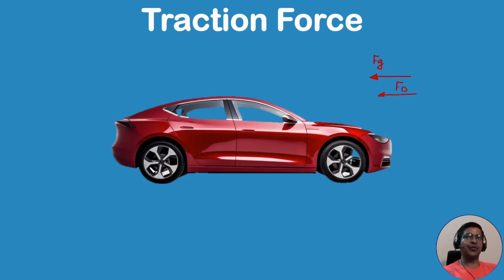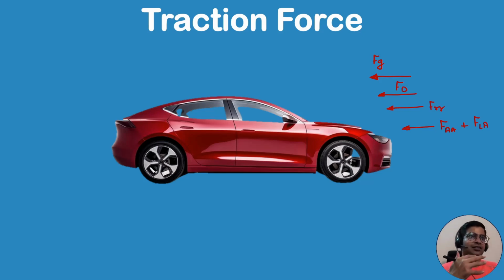The third force is the rolling resistance force. And the fourth force, which acts when the car tries to accelerate, is the force due to angular acceleration plus the force due to linear acceleration.